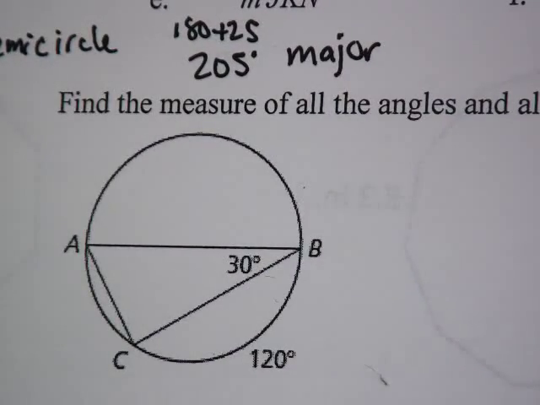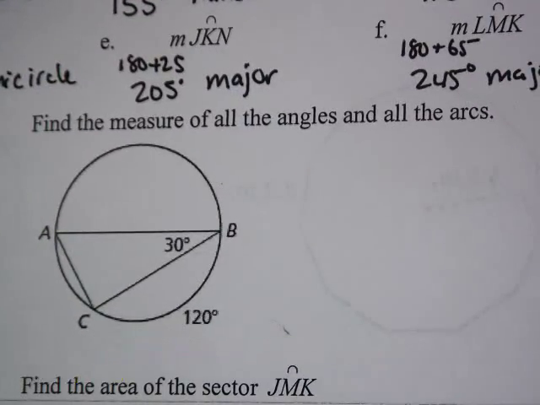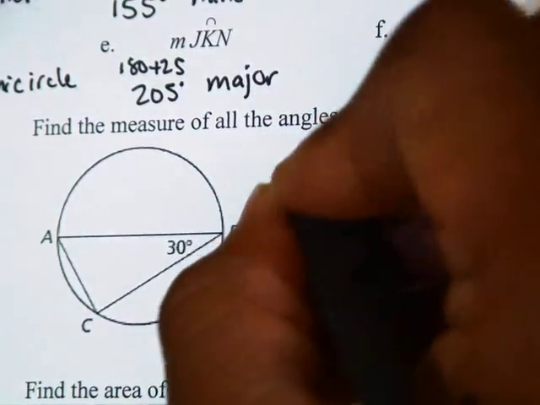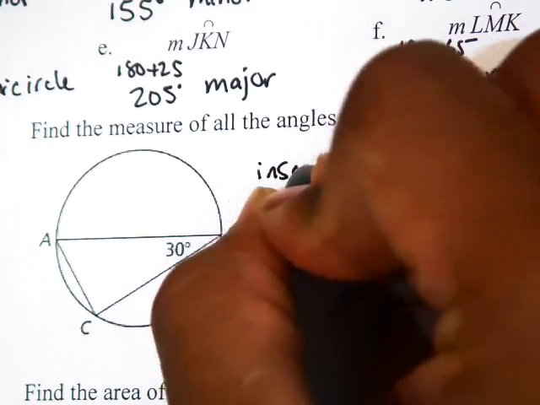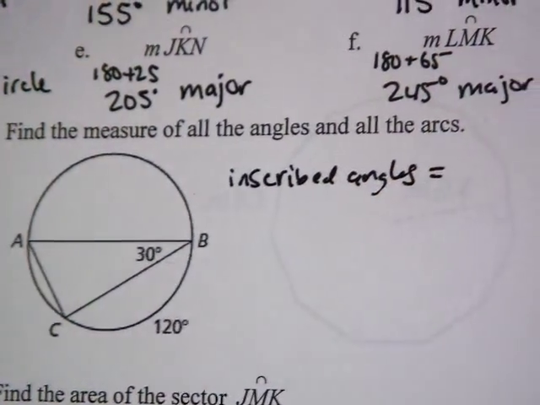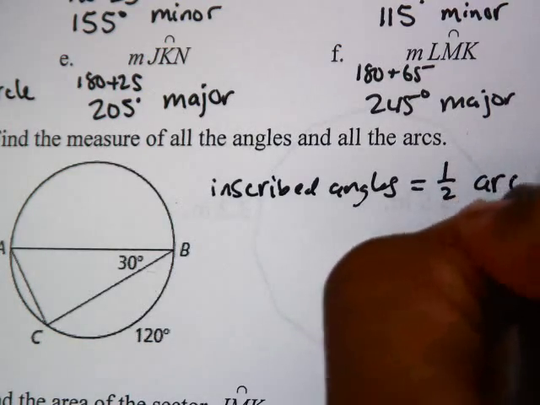For number 3, I need to find the measure of all the angles and all the arcs. These are not central angles. They don't go through the center of the circle. All these angles here, A, B, and C, are inscribed angles. And inscribed angles are equal to half the measure of the arcs.